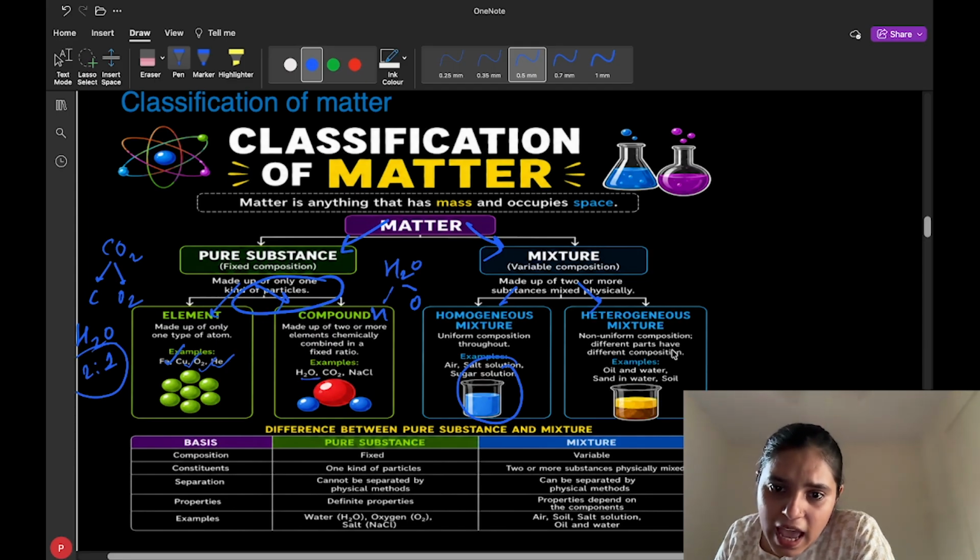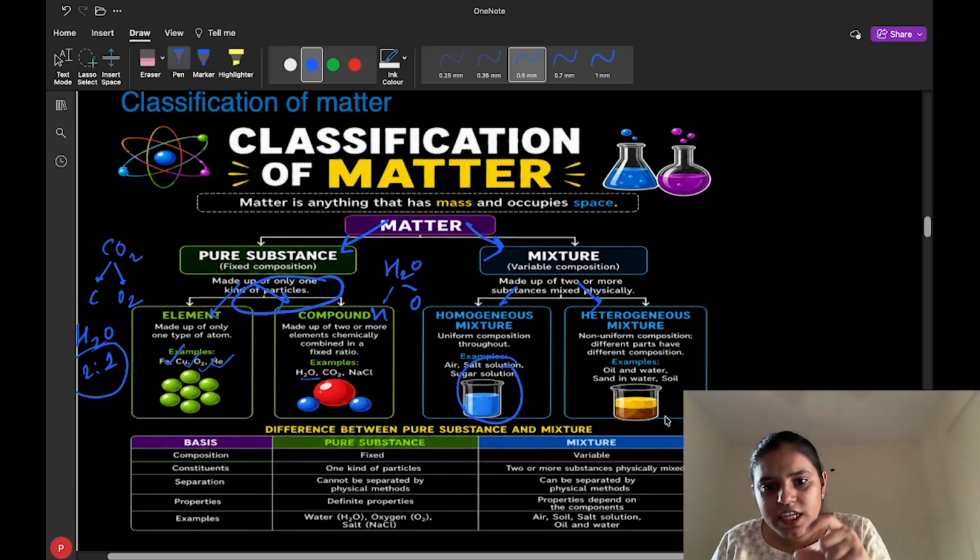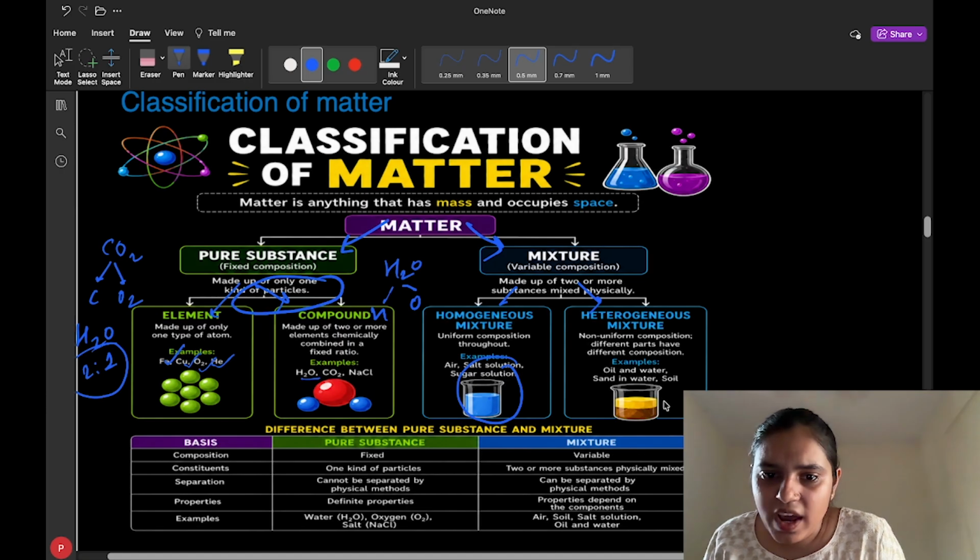Now let's discuss heterogeneous mixture. A heterogeneous mixture has a non-uniform composition. Non-uniform composition means if I take a glass and fill it with oil and water, you will see different layers of oil and water. In this mixture, the different components can be seen separately. That's why we call it a heterogeneous mixture.